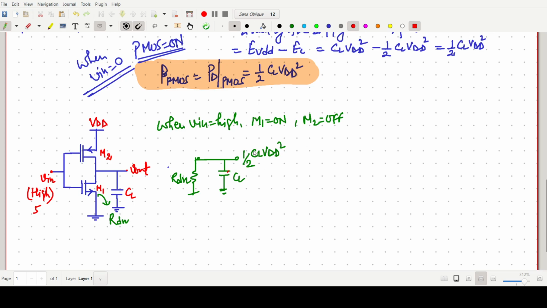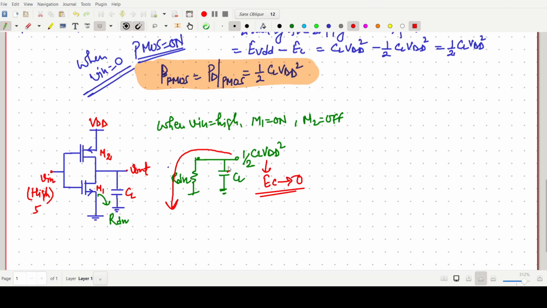This energy will be dissipated across this load resistance, the pull down network, and it will change from EC to 0.